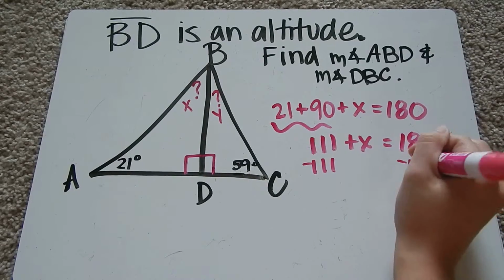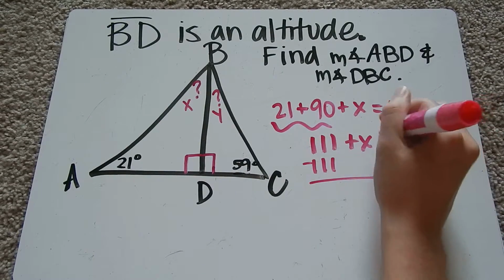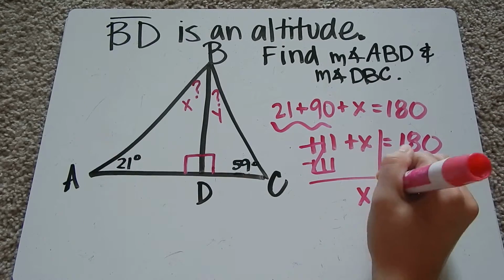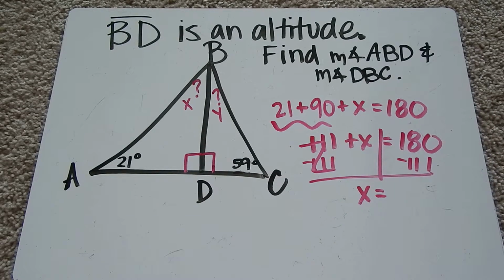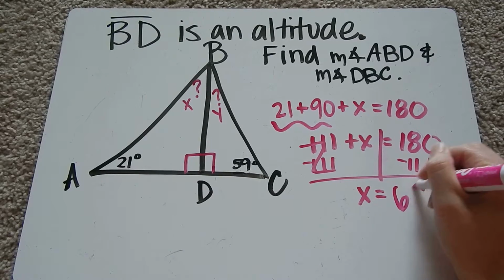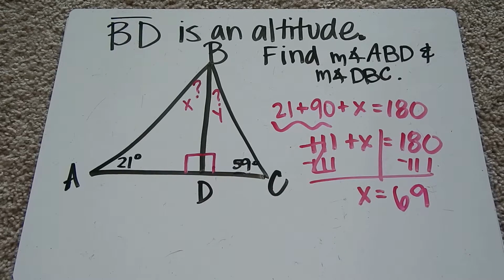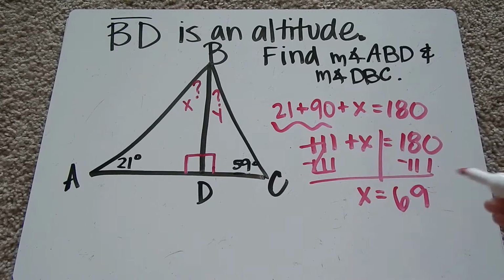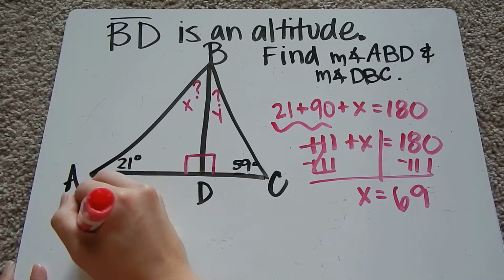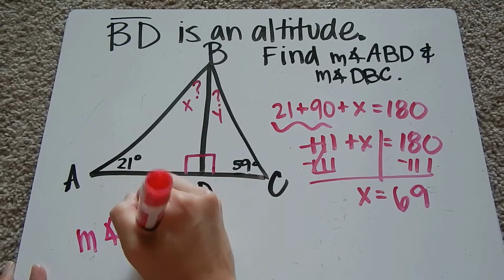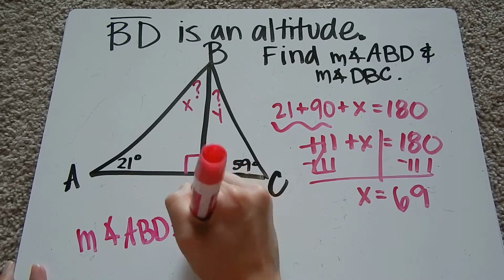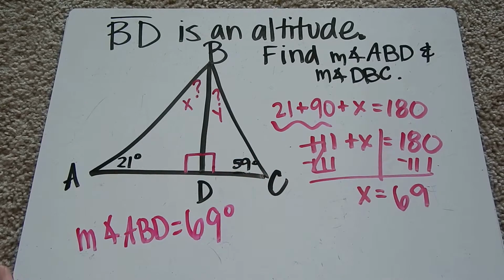Subtract 111 from both sides to get x. And x is equal to 69. So the measure of angle ABD is equal to 69 degrees.